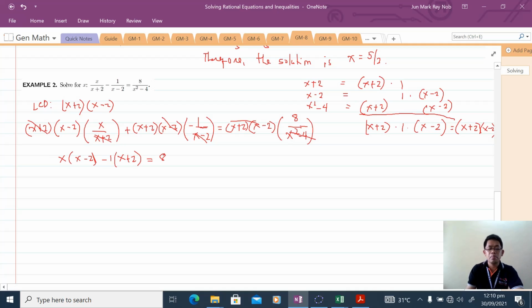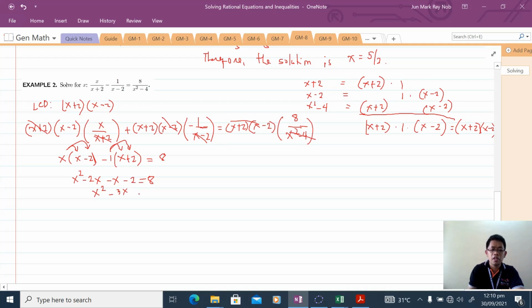Then perform the algebra. We multiply x by x and x by negative 2, so x squared minus 2x. We have minus x, multiply it here, minus 2, is equal to 8. So x squared minus 3x minus 2 equals 8.